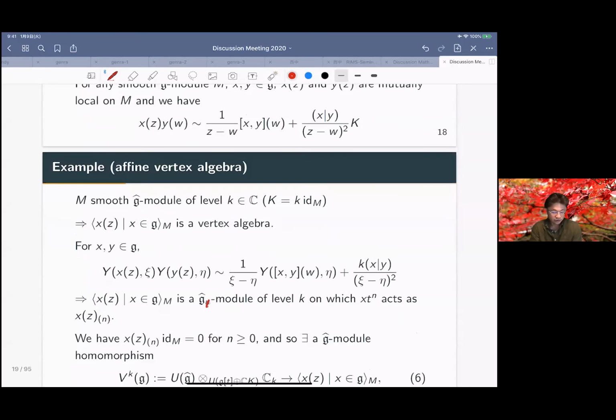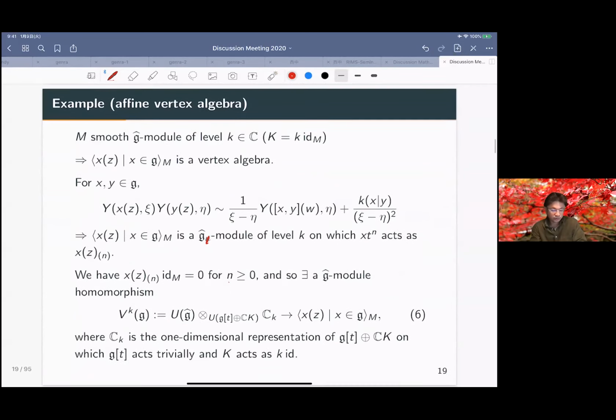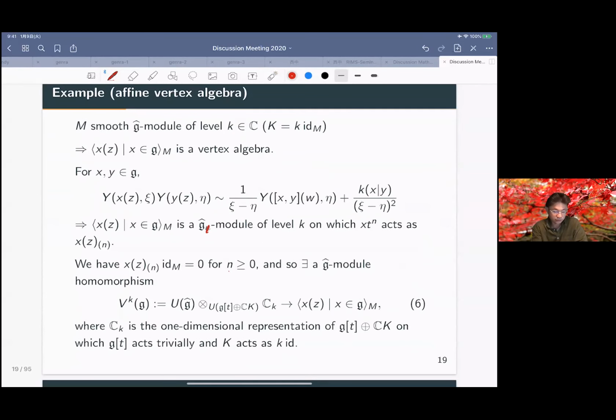And it's easy to check that X t^n kills the identity operator if n is non-negative. So we have a G hat module homomorphism from this induced module. Here, g t acts as 0, and the K acts as multiplication by K. So we have this kind of G hat module homomorphism.